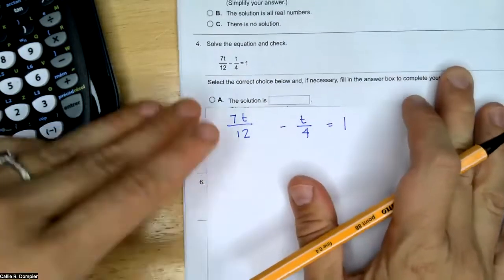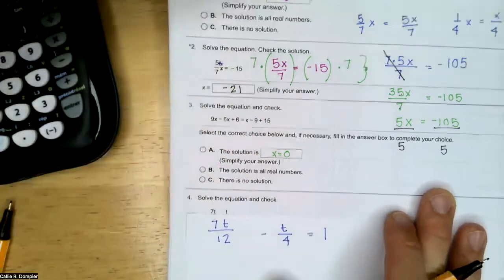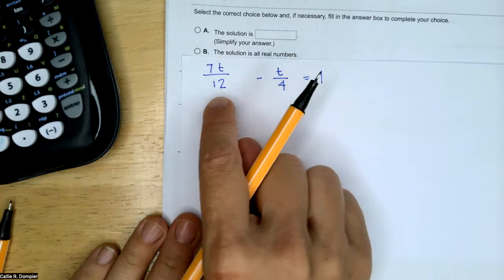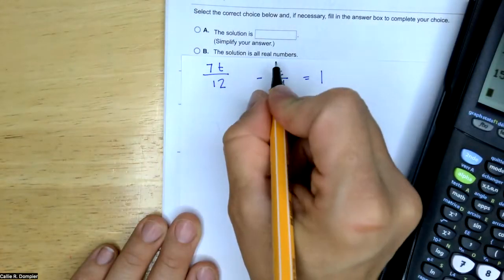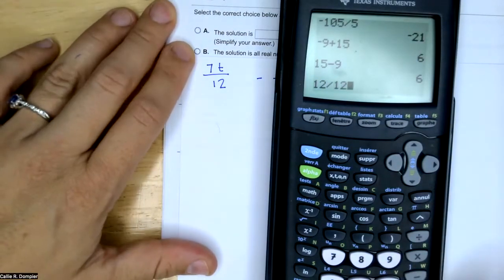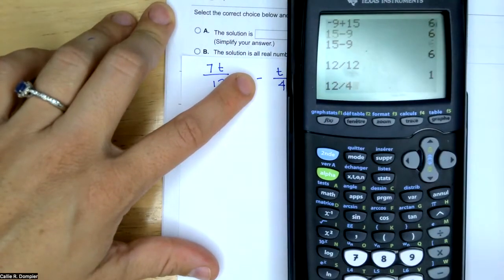Before, up here, we said 5x over 7 is going to be multiplied by 7. So that means I need to multiply by 4 and by 12. Because 12 on the top will cancel out 12 on the bottom, 4 on the top will cancel out 4 on the bottom, but 12 divided by 12 is 1, and 12 divided by 4 is 3.